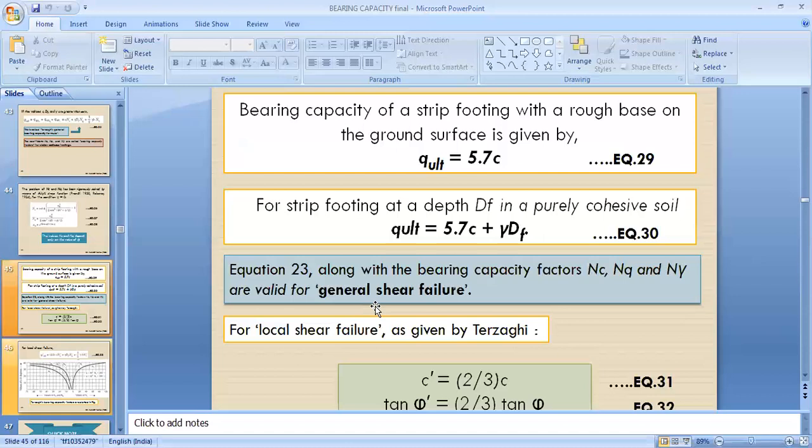Now, as I have told you earlier, this was the concept for general shear failure.